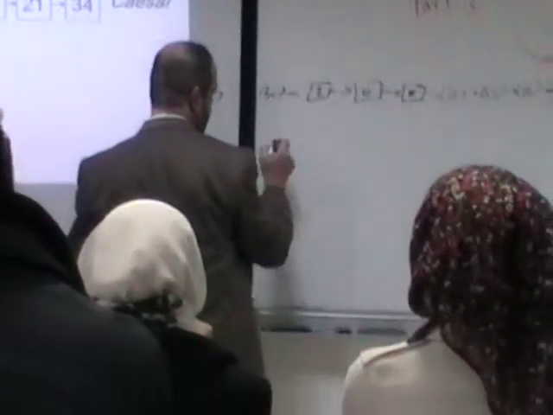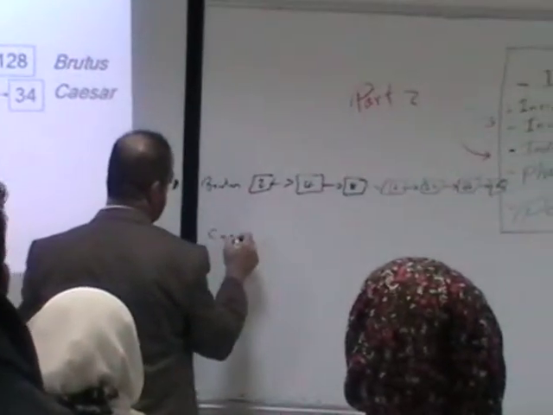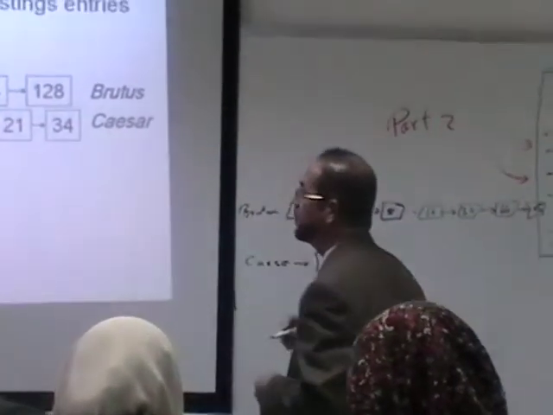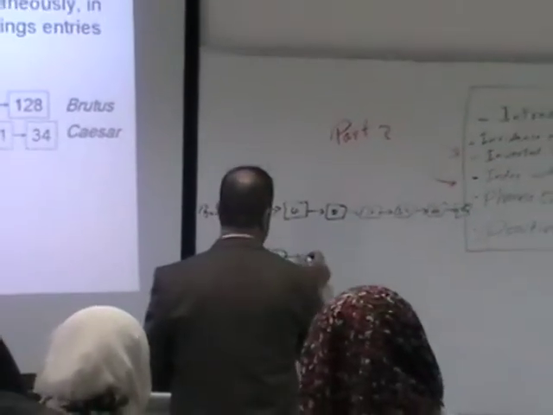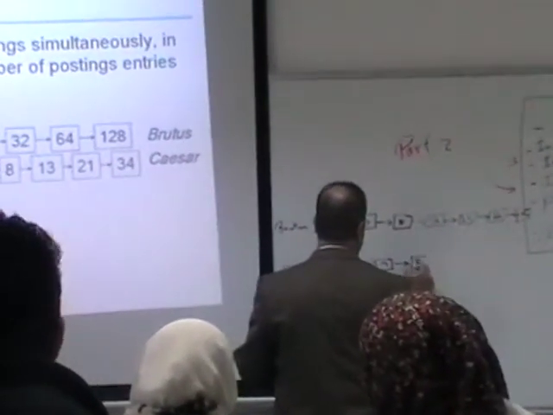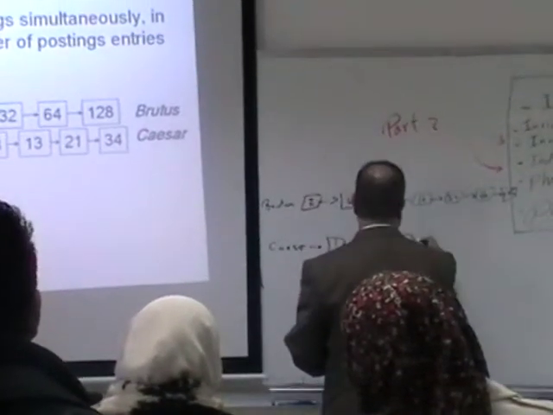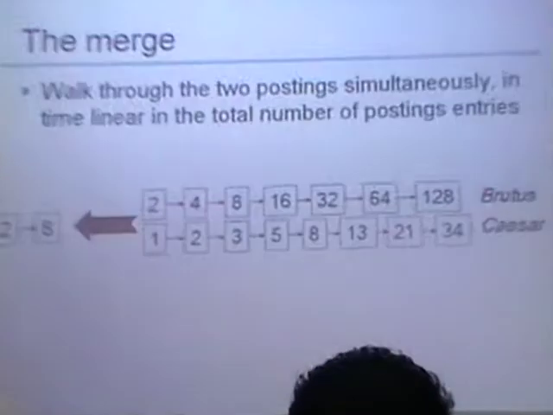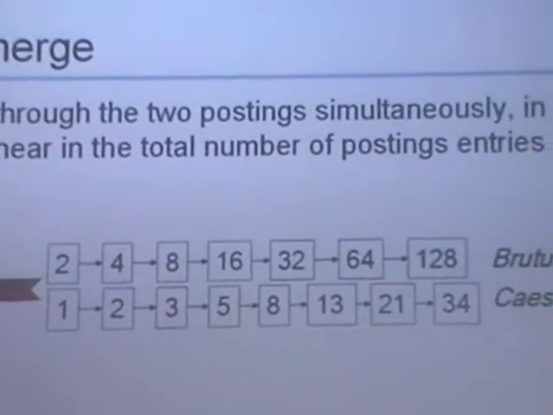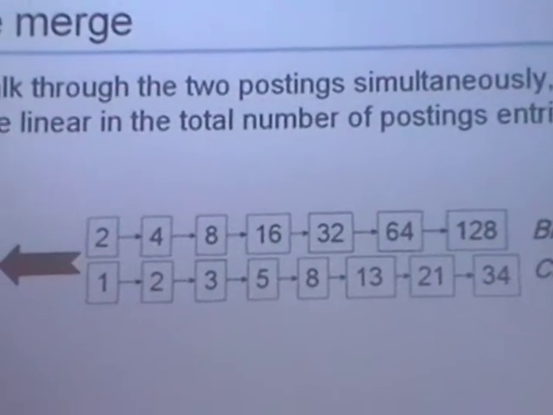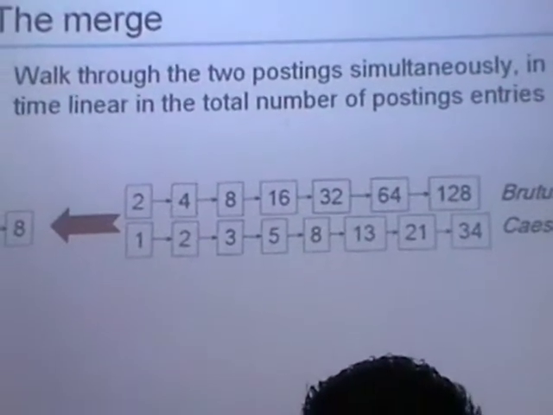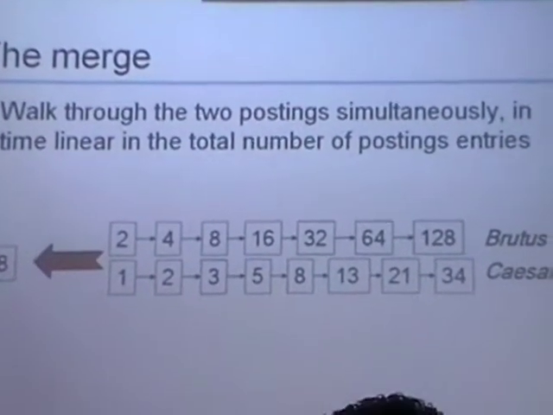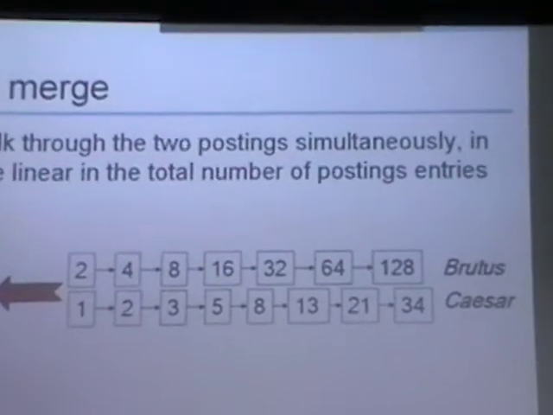Indices, two posting lists. The other one is for Caesar. To show in a kind of slow motion how the algorithm works.